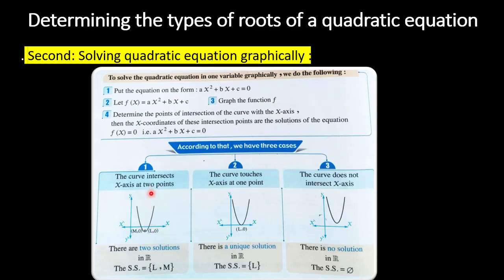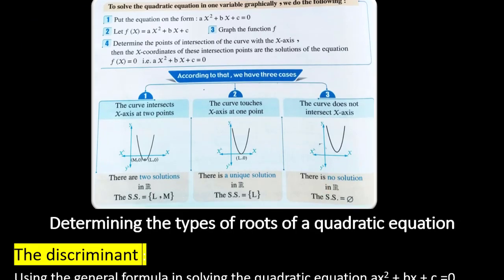So in this case, b power 2 minus 4ac is greater than 0, so we have two solutions. Here, for example, the curve touches the x-axis at L and 0, so the solution or the root is only L. And here there is no solution in R. The set of solutions in R is empty because the curve doesn't intersect the x-axis.